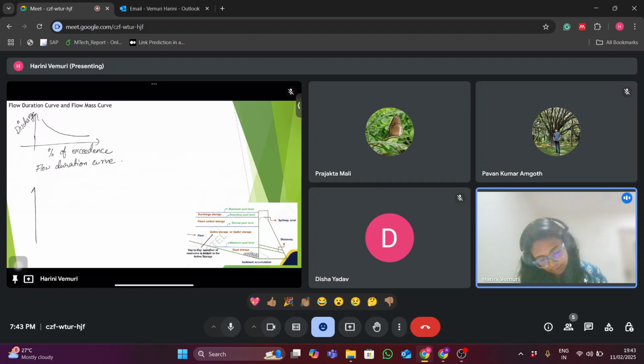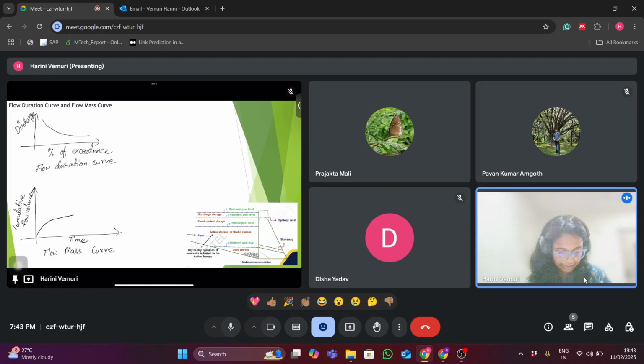And next we have one more curve called the flow mass curve, which is a relationship between time and cumulative flow volume. Since it's cumulative, it will be an increasing function, and we can see a hump here, which is a peak flow in that particular period, and this is a valley.